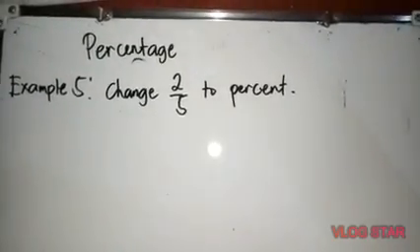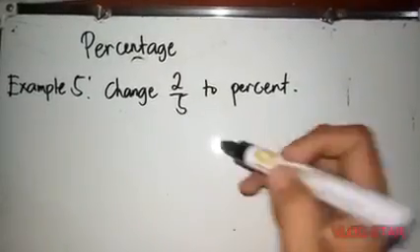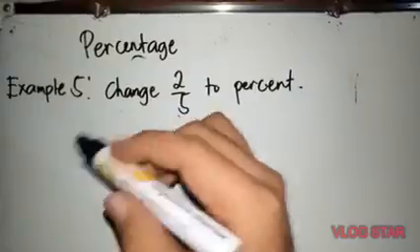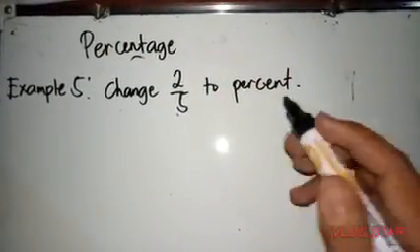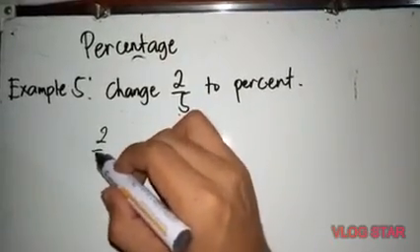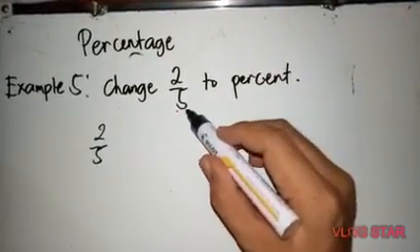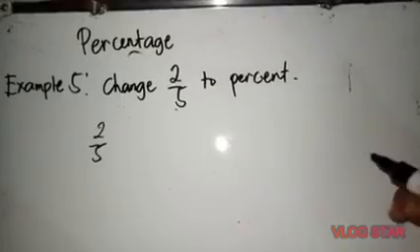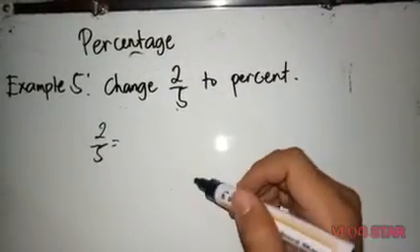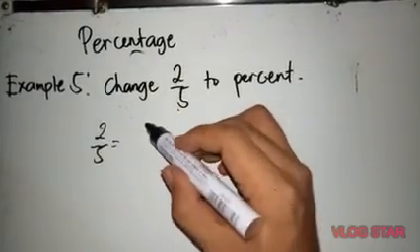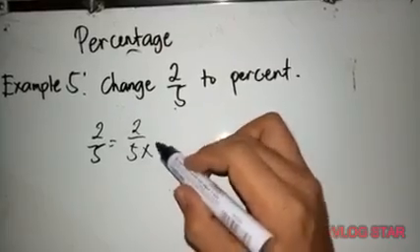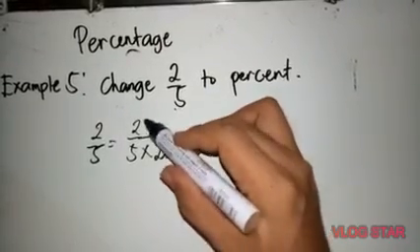So the fifth example is change 2/5 to percent. Here, this is one way to change it to percent. First, we need to make the denominator 100. So what can we multiply to 5 to make it 100? 20, because 20 times 5 is 100.